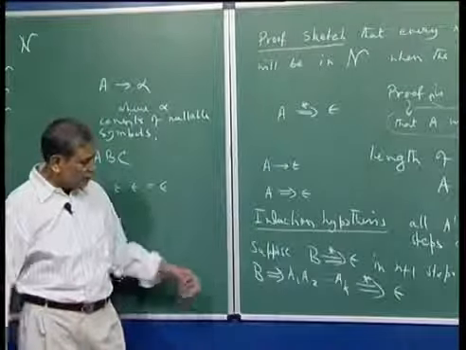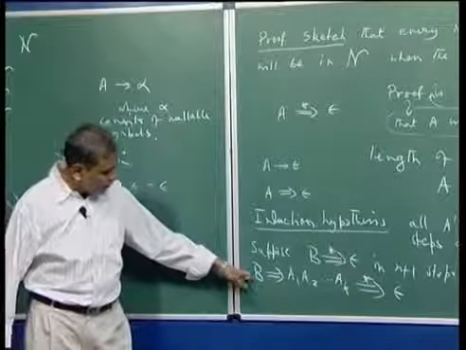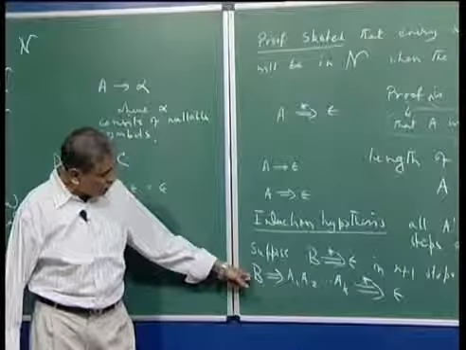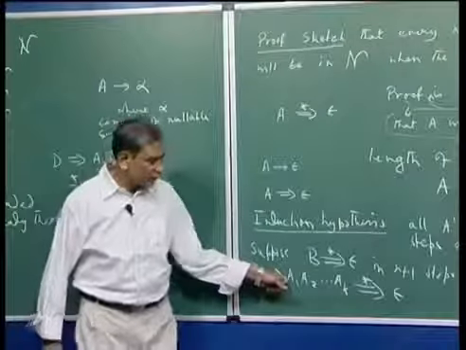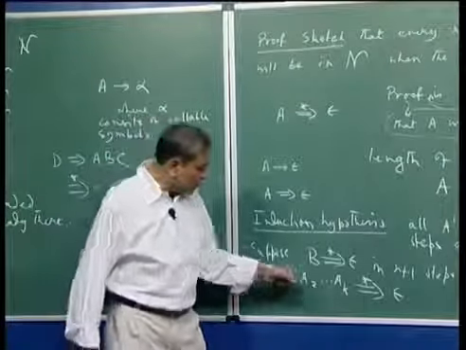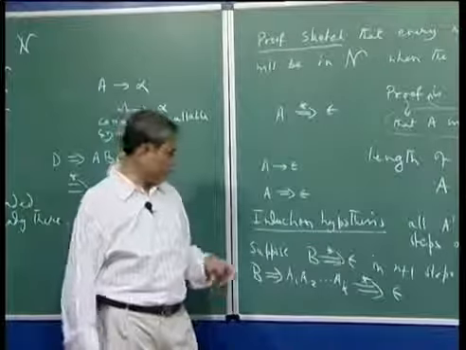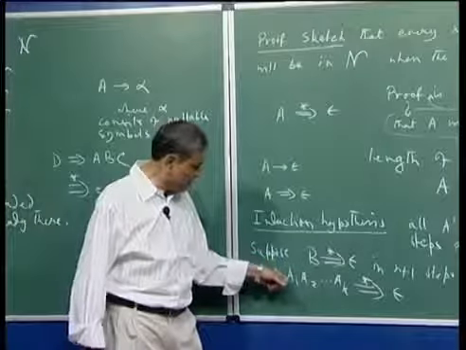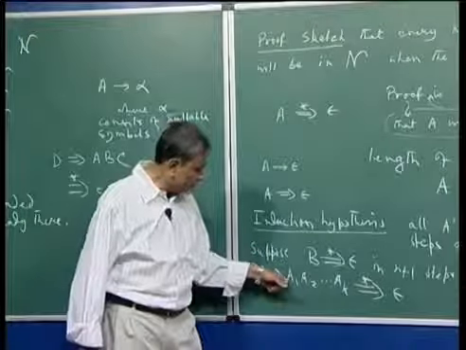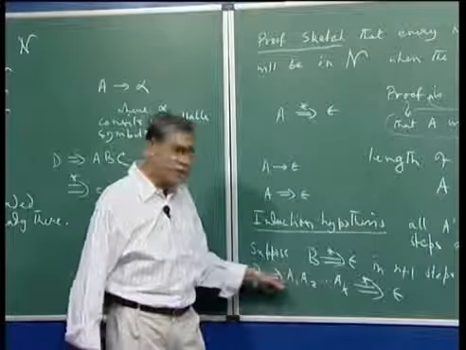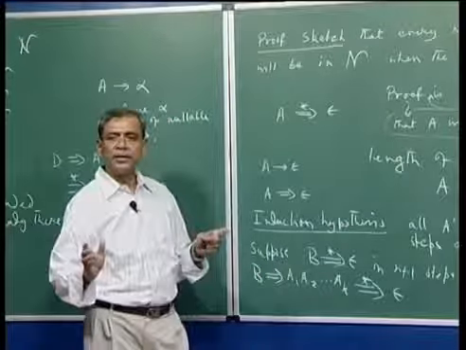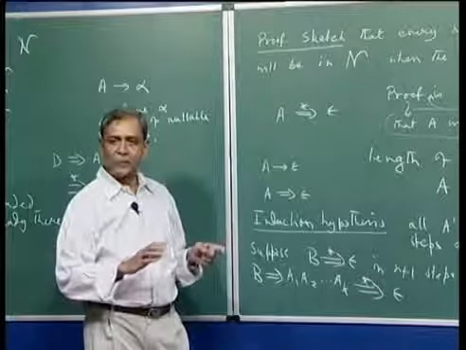Now, the point is, since this derivation is of length n plus 1, every derivation of the kind that A1 goes to epsilon must be using the fact that A1 ultimately derives epsilon, and that derivation will have a number of steps which is n or less.